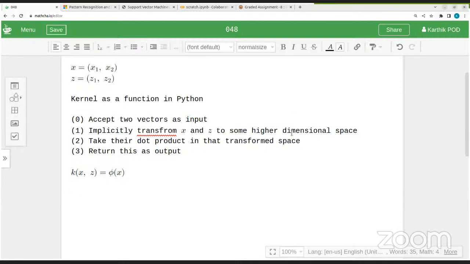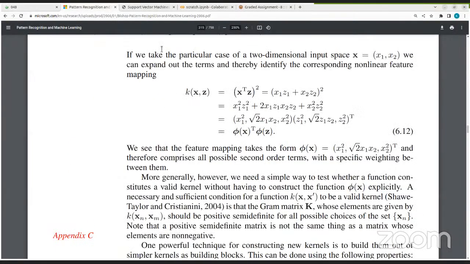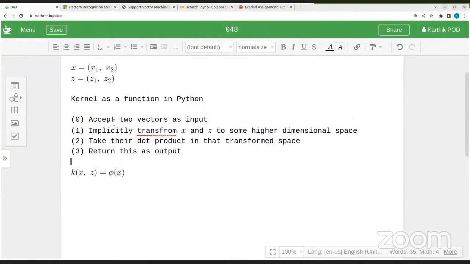Now, the second step is what is given here as the function. The idea of a kernel is that the first and second steps are hidden steps. That's why I said implicitly, meaning you don't even need to know what that space is. The kernel essentially just accepts two vectors as input and returns some scalar value as output.